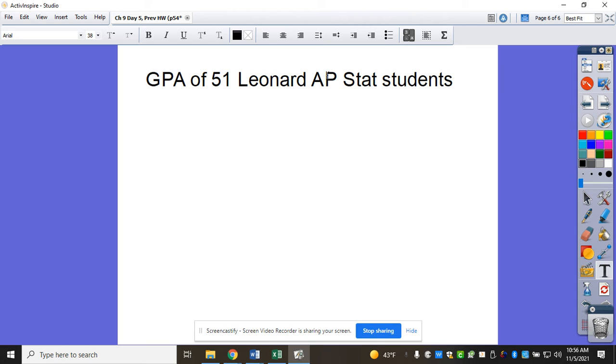I am not going to physically give you any of the data until you know what you want to test. If you got to look at it and see what it was, it's called data snooping, where you're basically making a test based off of what you think it's going to be because you've already seen the numbers. I don't want you to see the numbers until you actually know what you want to test.